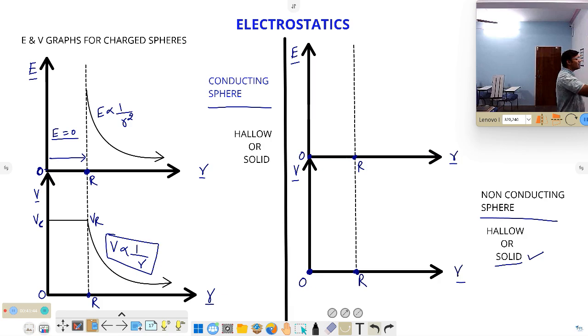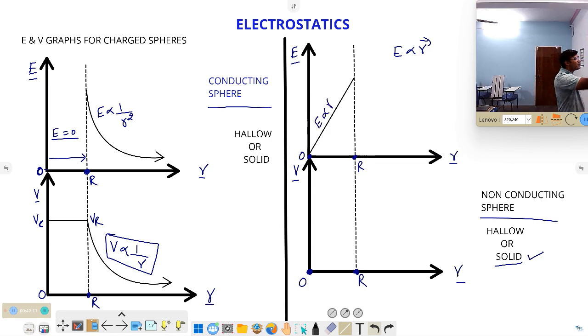So the electric field inside at the center is always 0, and up to the surface, up to the radius, the electric field is directly proportional to the distance r. In this case the graph line will be like this. So I can say here E is proportional to r.